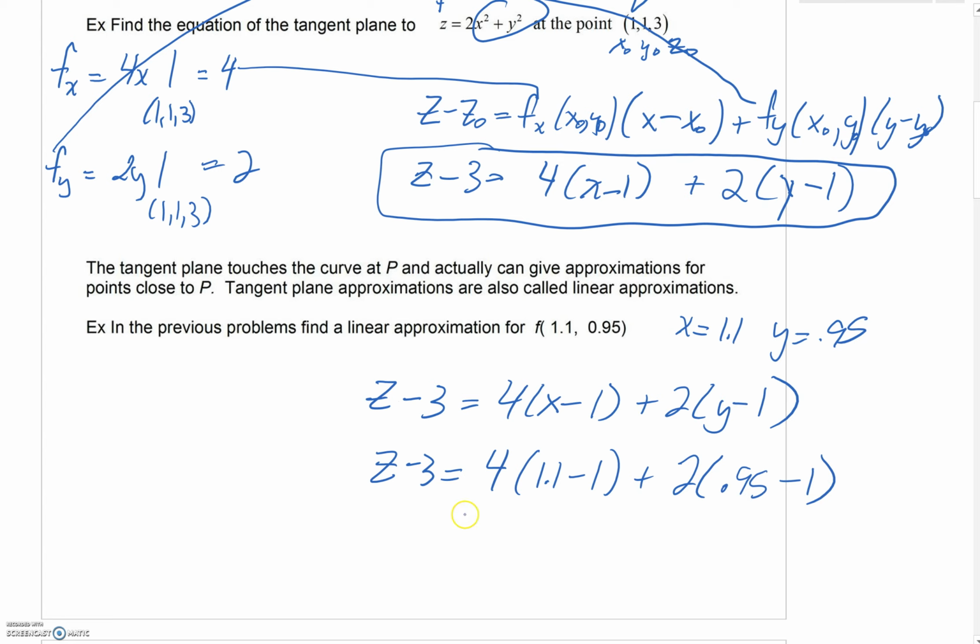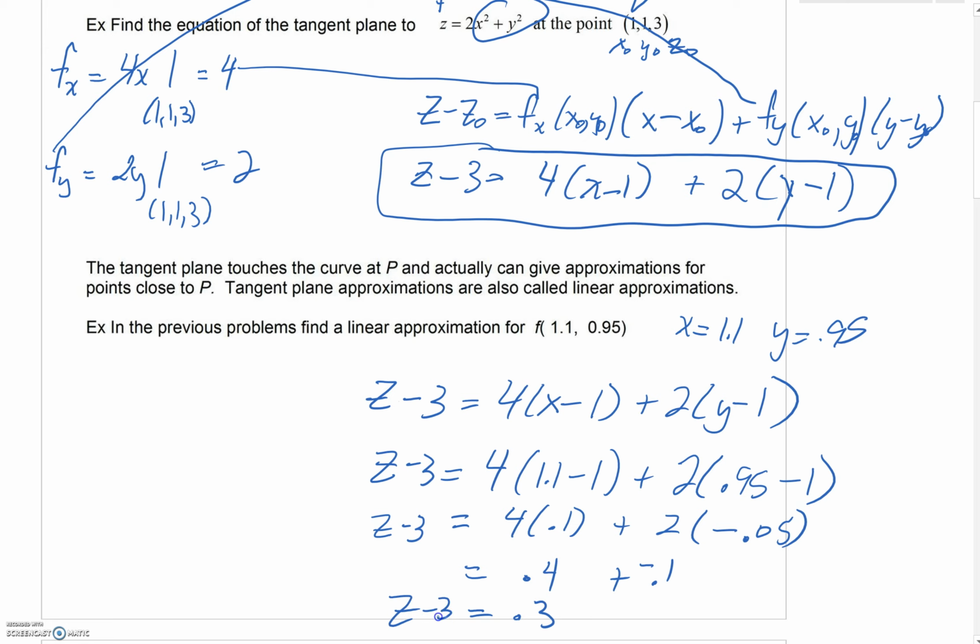As we work through this, this is going to be a 4 times 0.1, and this is going to be a 2 times negative 0.05, and here you have your z minus 3. So 4 times 0.1, you get 0.4. 2 times negative 0.05, well, that's going to be negative 0.1. So this just becomes 0.3, right?